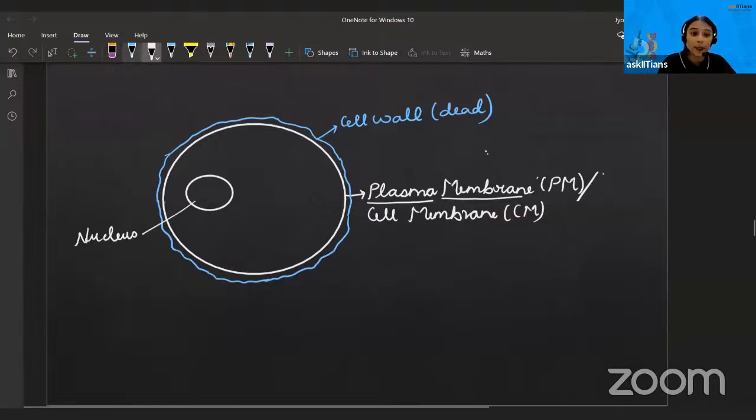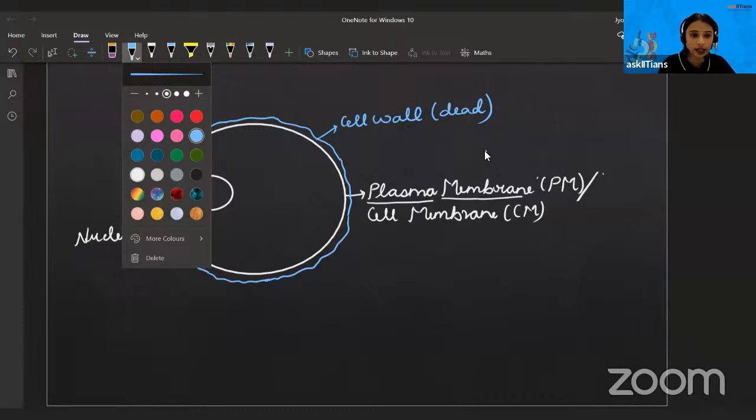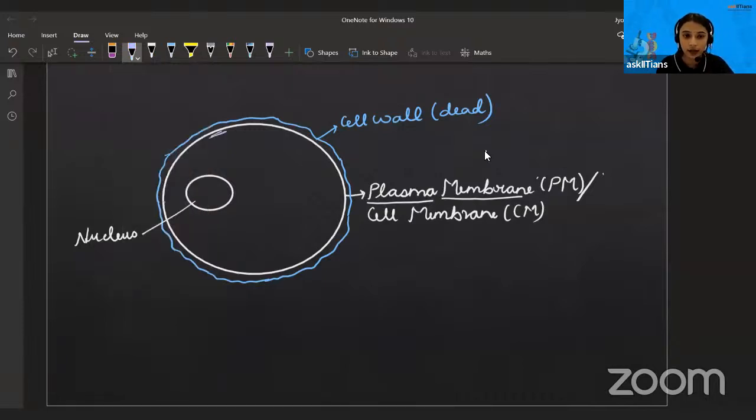Okay, and you can see that between this plasma membrane and nucleus, there is a jelly-like substance present, which we call cytoplasm.